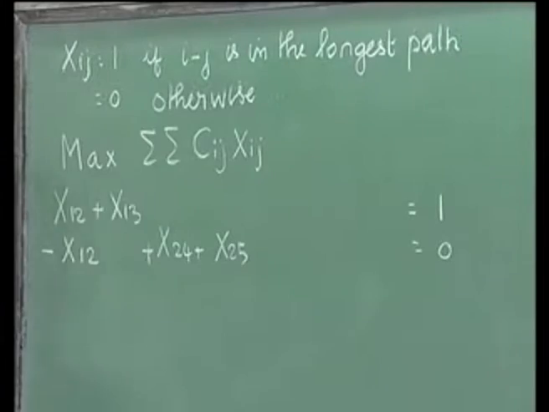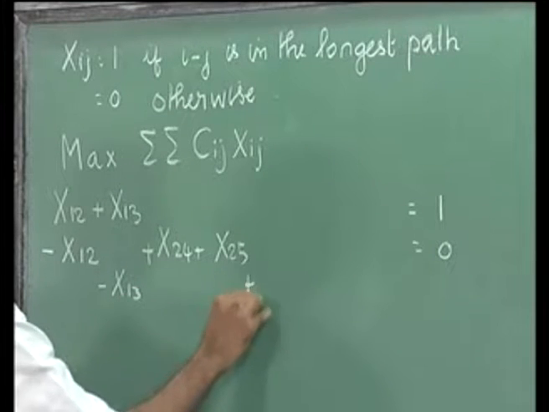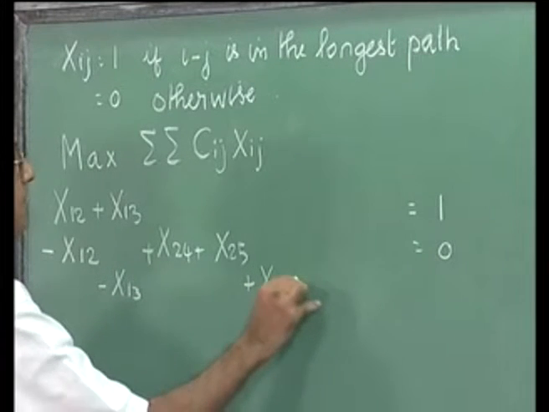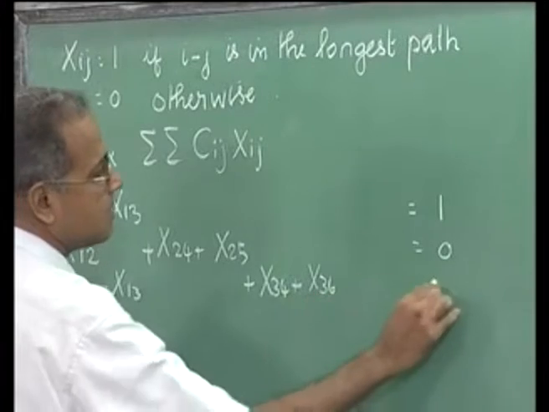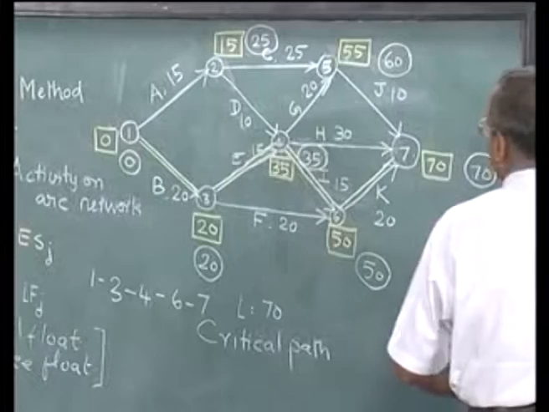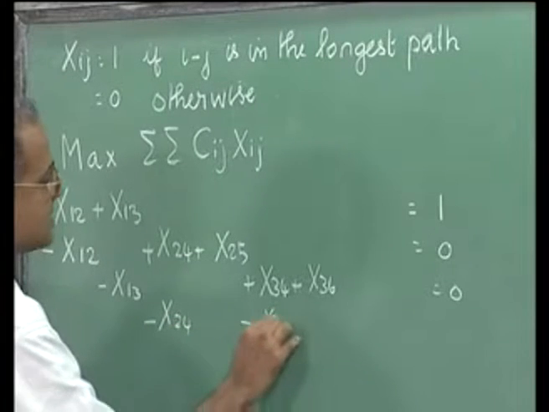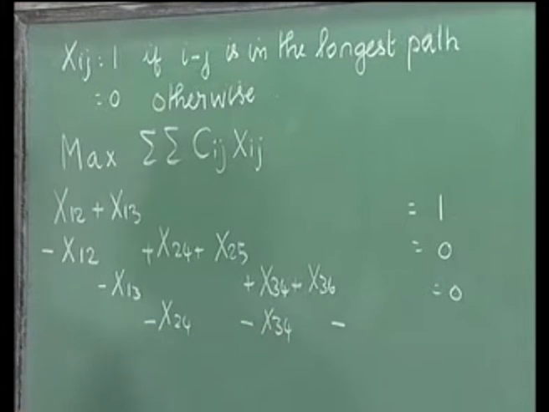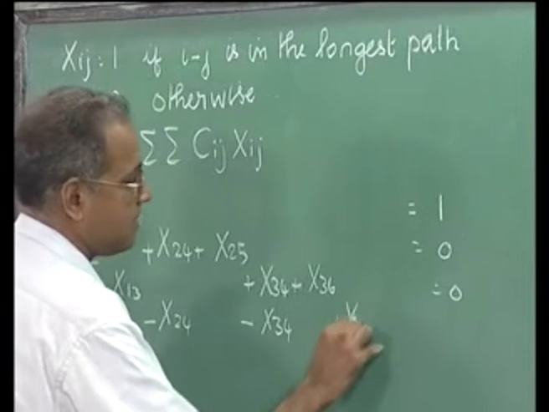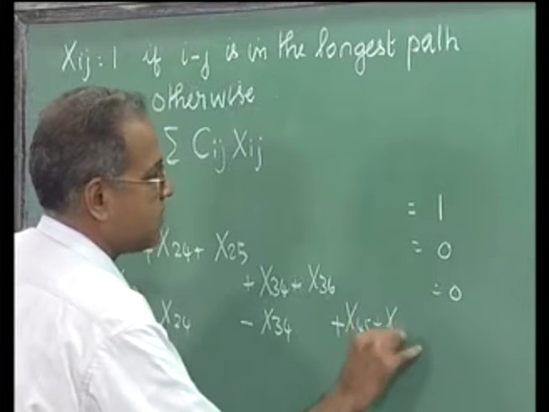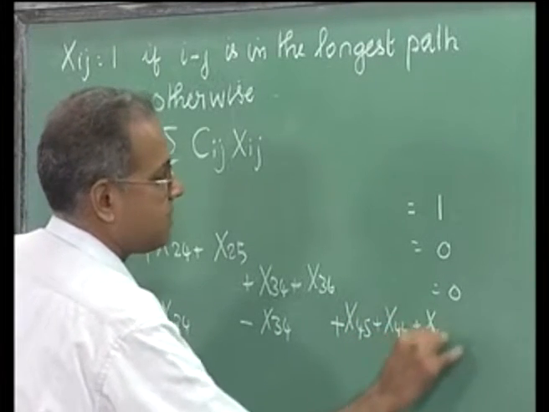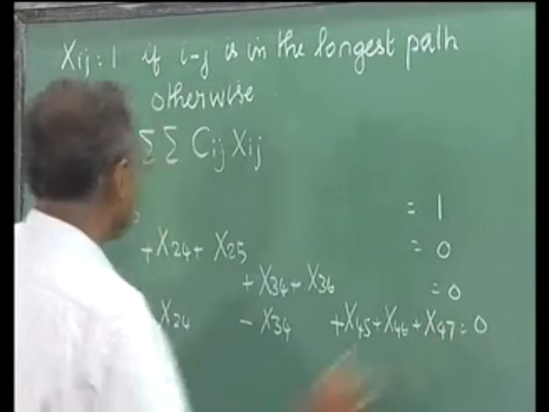Now, for 3 we would have minus x13 plus x34 plus x36 equal to 0. For 4 we have minus x24 minus x34 plus x45 plus x46 plus x47 equal to 0.